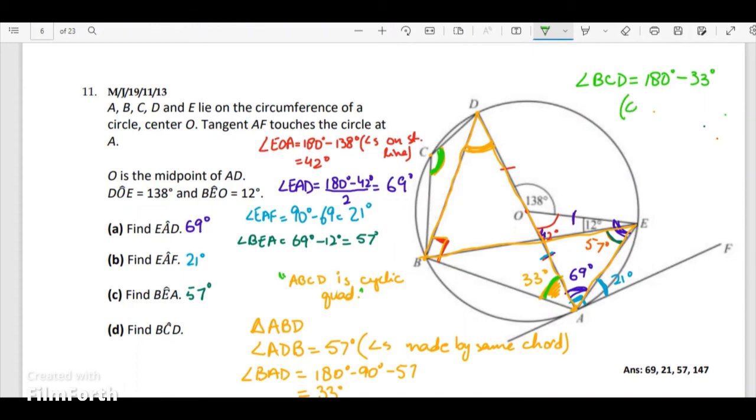Why? Because it's a cyclic quadrilateral. So the answer would be 147 right here. So that's it. Done with this one.